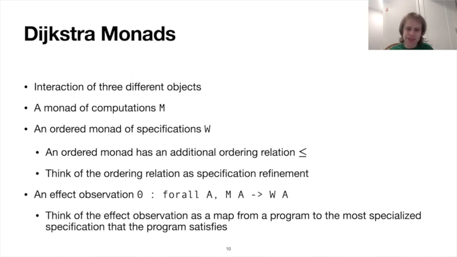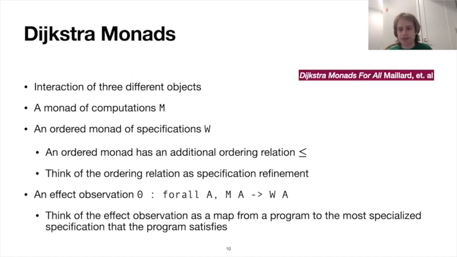And think about this ordering relation as specification refinement. And finally, we have an effect observation theta, which has type for all A, M A to W A. Think of theta as a map from a program to the most specialized specification that the program satisfies.